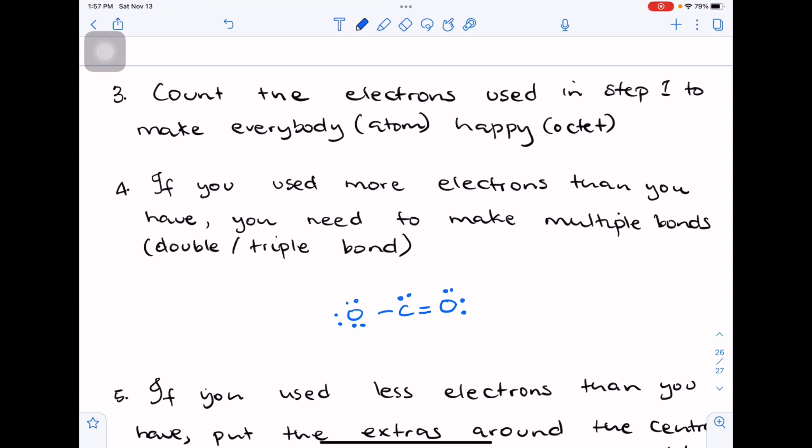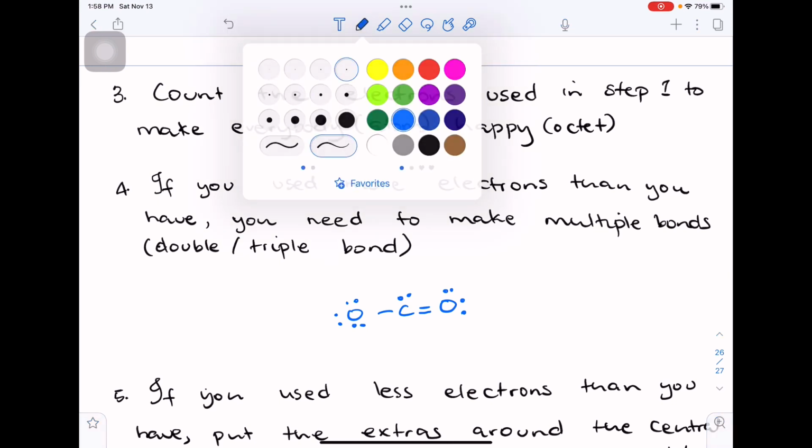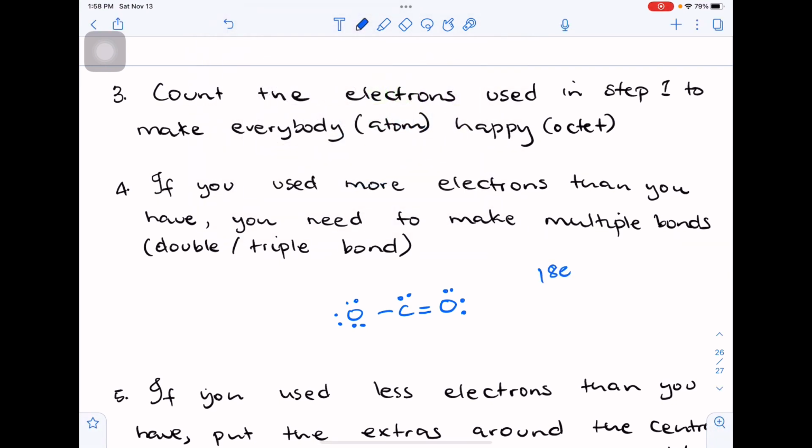Okay, so it means we've used 2 electrons for the job of 4 electrons because everybody's still happy, but we've used less electrons. When we count here, we still have 18 electrons, sum of, that we've used. That means that we are still overusing. So we're still in debt, electron debt.